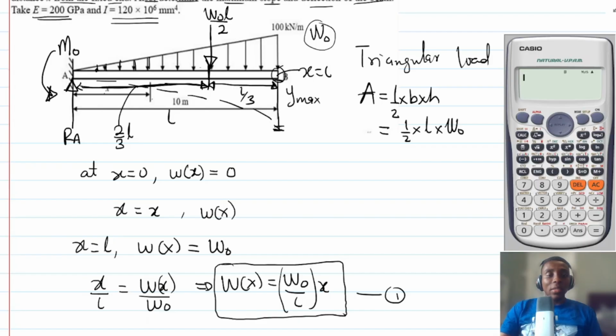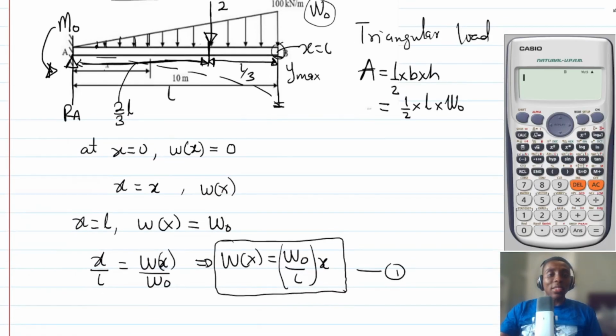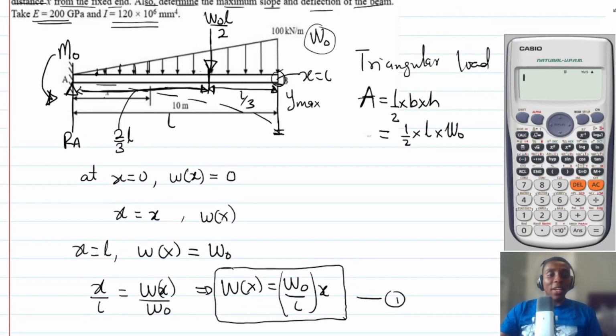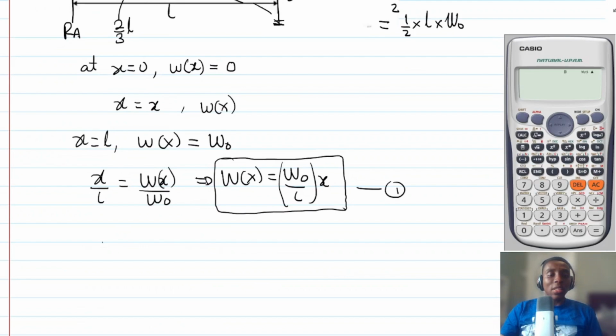So how would we be able to solve for the moment and the reactions? First of all, let's solve for the reactions and then we come to the moment. You can clearly see that there are no forces acting on the beam apart from RA and the W naught L/2. So if we sum forces in the positive direction, we are looking at the statics of it.